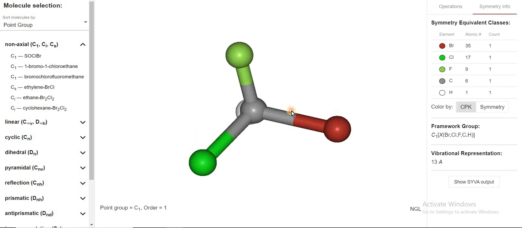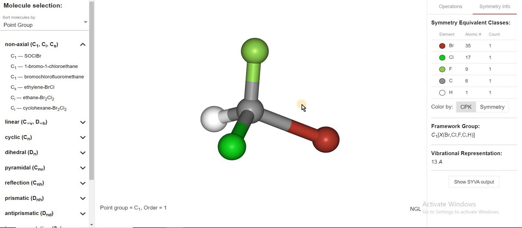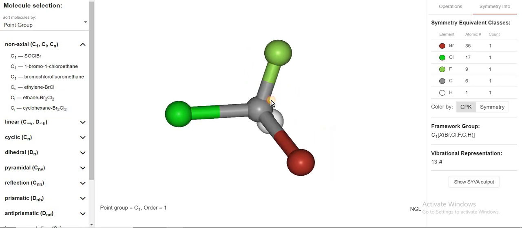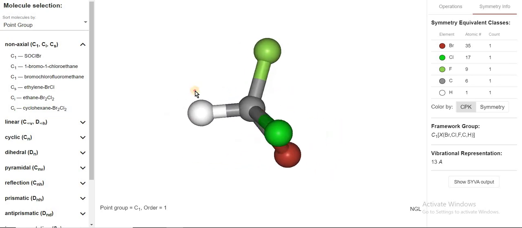So this molecule is a chiral molecule, which is optically active. I will upload stereochemistry videos in upcoming lectures after group theory, so we will discuss optical activity there.